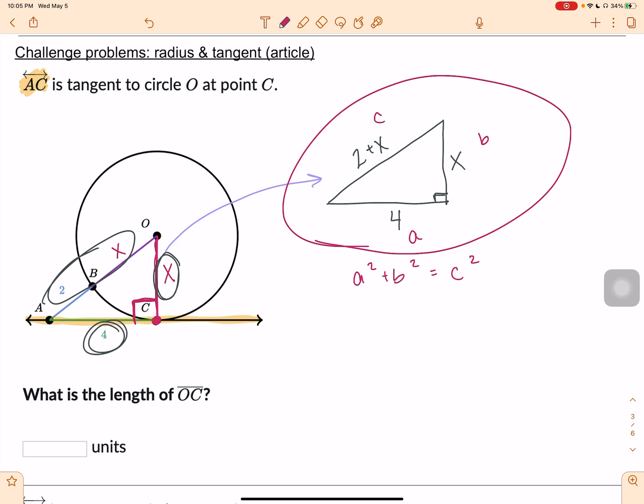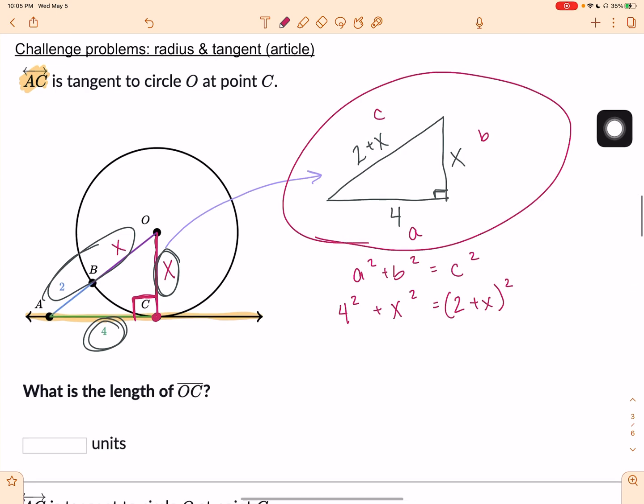So we know a is 4, b is x, and c is 2 plus x, squared. So you see there, that's going to be multiplying two binomials together. So 2 plus x squared is the same as 2 plus x times 2 plus x. Sorry, I'm a little bit sloppy right now.